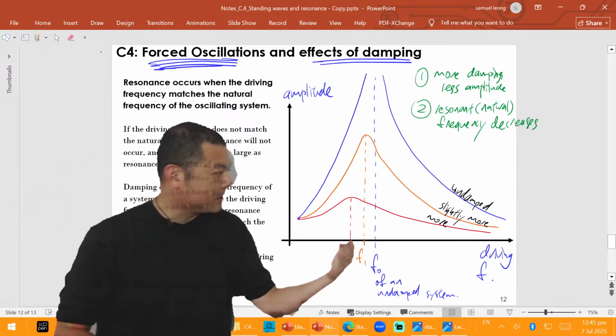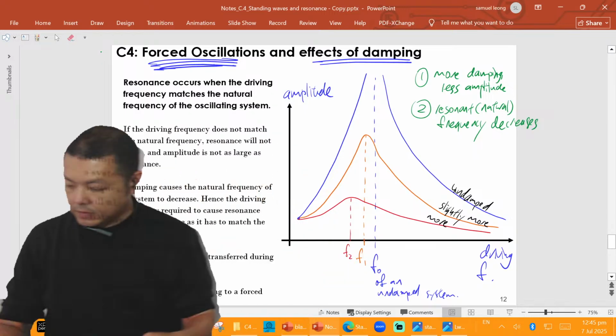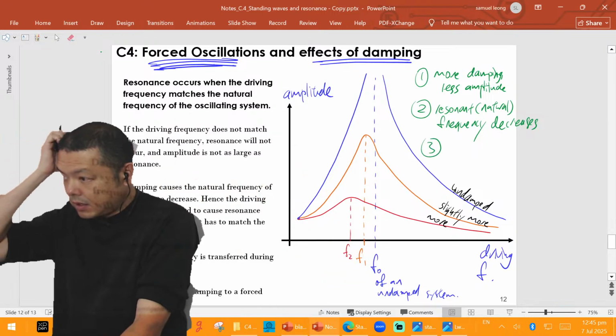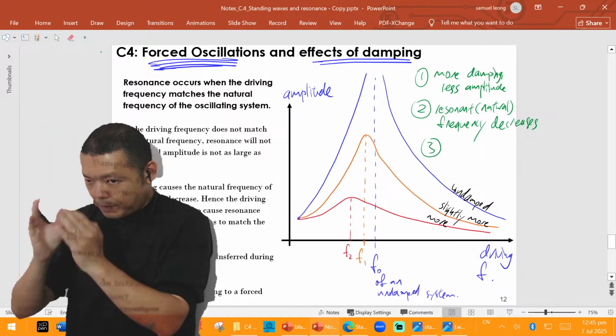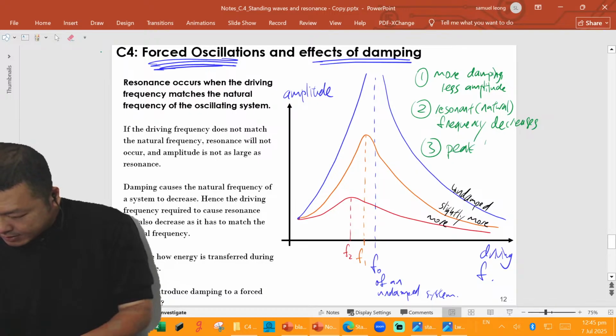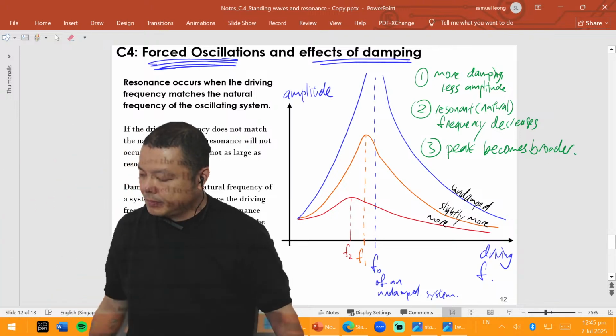I mean left, sorry, shifts to the left. Okay. Number three, the peak becomes broader. It's a thing, right? The peak becomes broader. Okay.